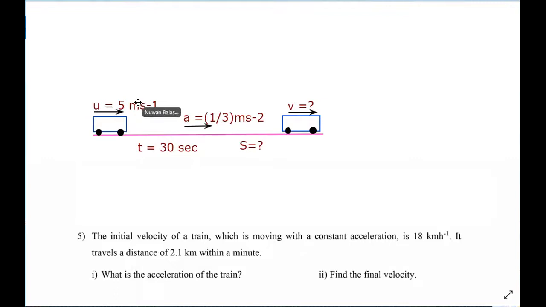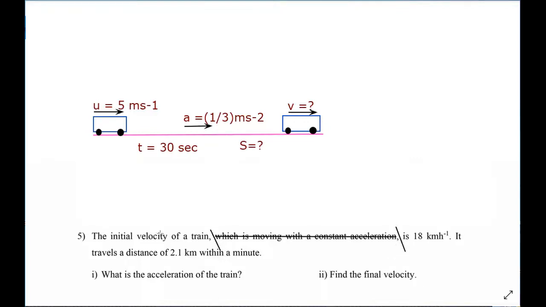Okay, the initial velocity of a train is 18 km per hour, which is moving with the constant acceleration. We should not worry about this part. Just neglect the things inside the two commas. That is English grammar.